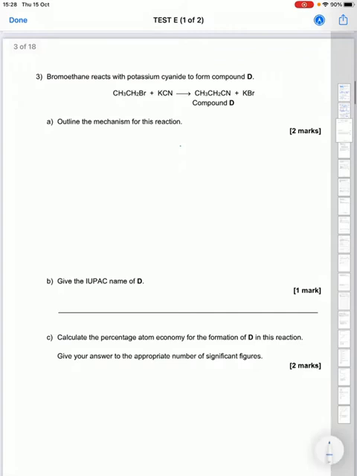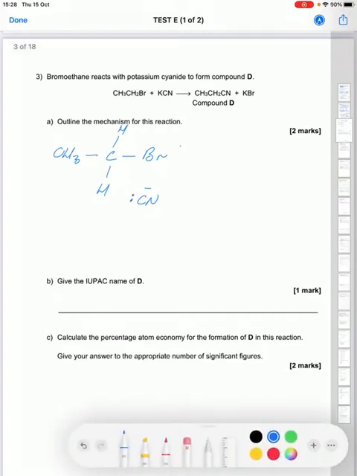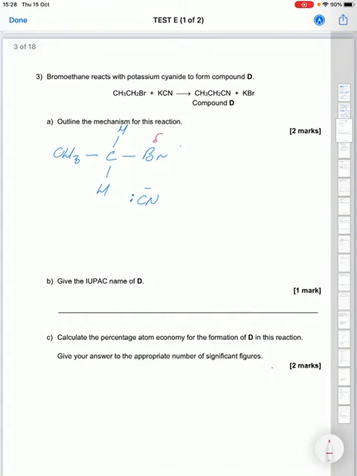Number 3. Mechanism for this reaction. So CH3, C, HBr, and then CN minus with a lone pair on the carbon. And I put my dipoles on, that always helps.